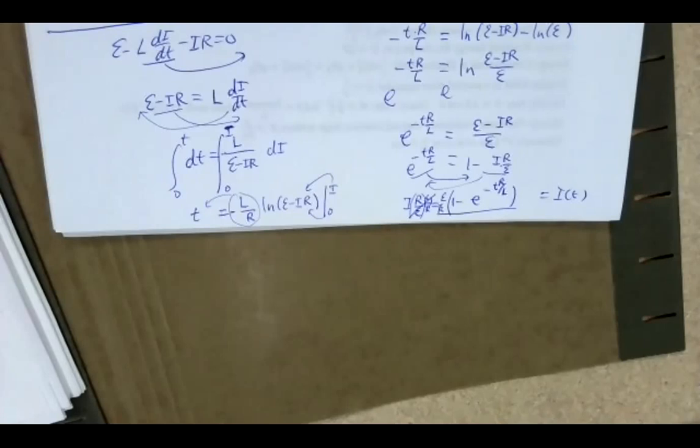The derivative of the first term, 1, is 0, and the second one will still have e to the minus t over tau.